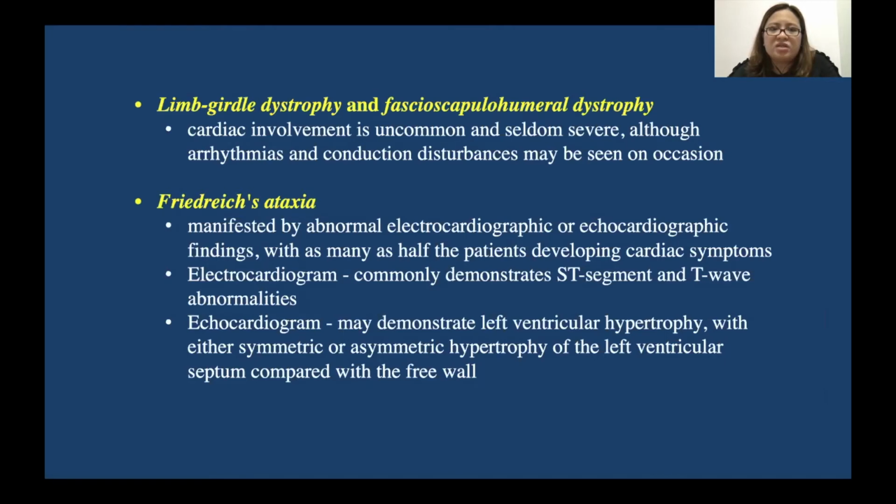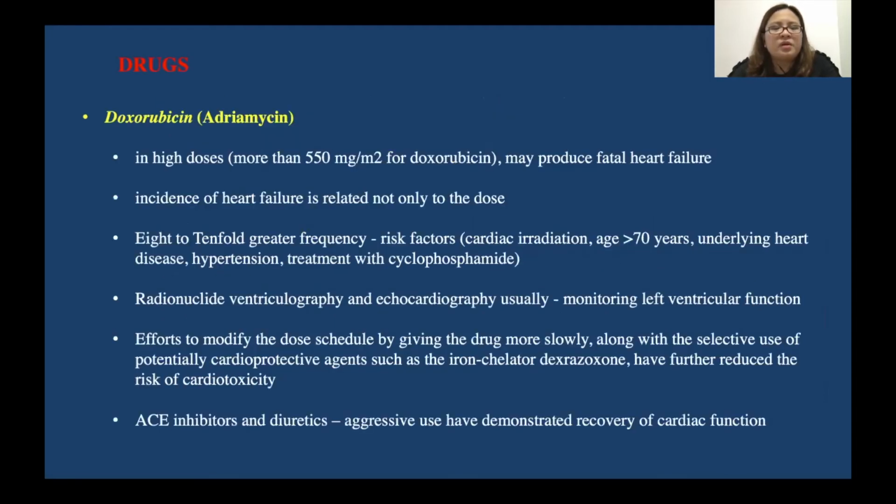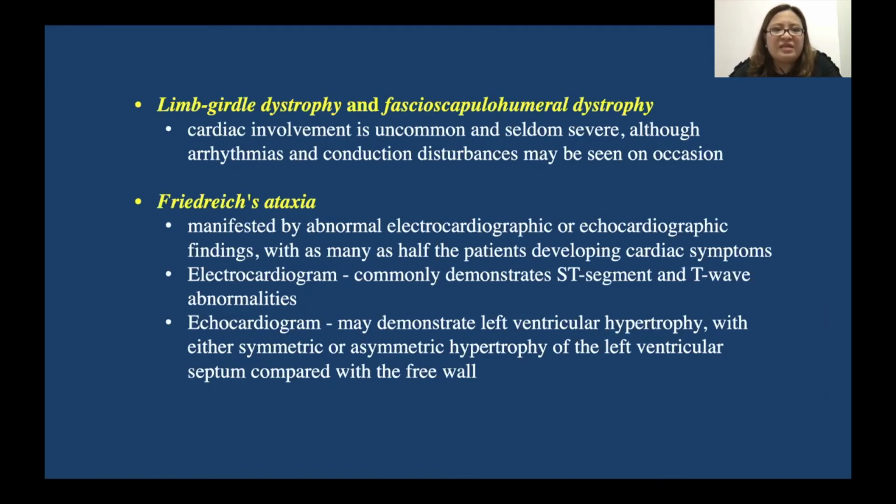Friedreich's ataxia is manifested as abnormal electrocardiographic or echocardiographic findings. For ECG, it commonly demonstrates ST segment and T wave abnormalities, and for echo, it demonstrates left ventricular hypertrophy with symmetric or asymmetric hypertrophy of the interventricular septum compared to the free wall. Friedreich's ataxia can present as a dilated cardiomyopathy or a restrictive cardiomyopathy.